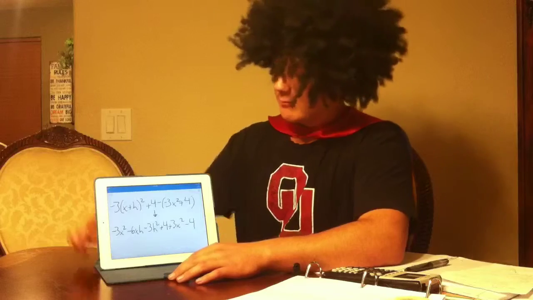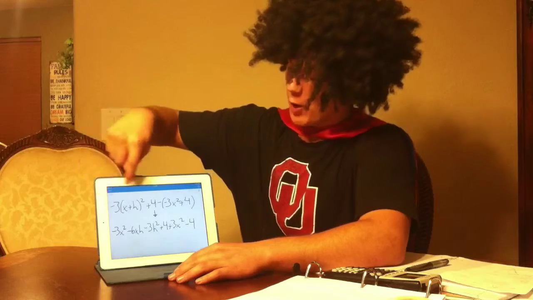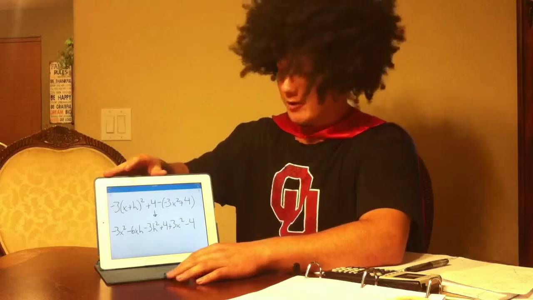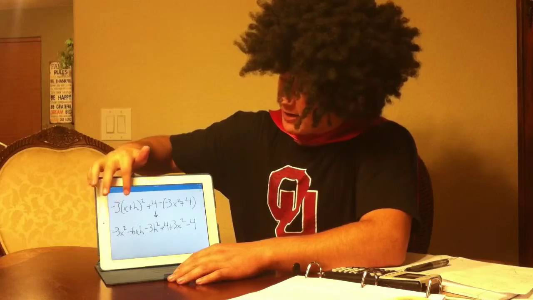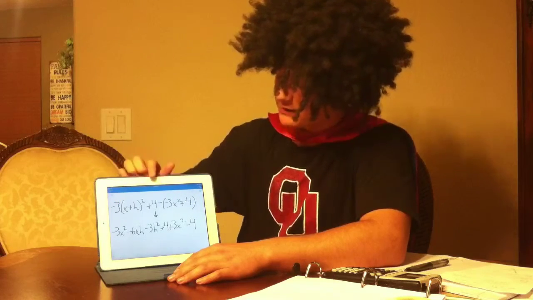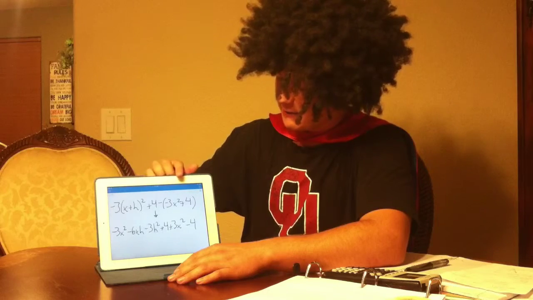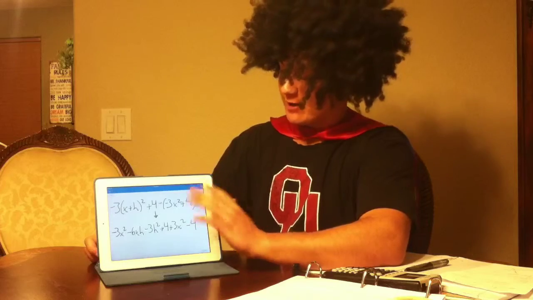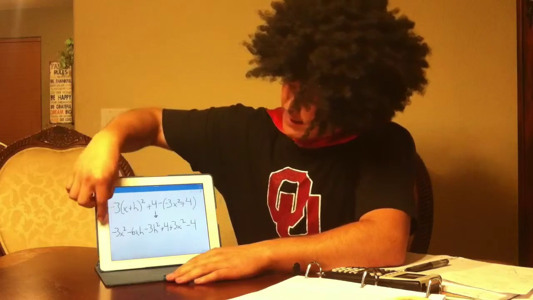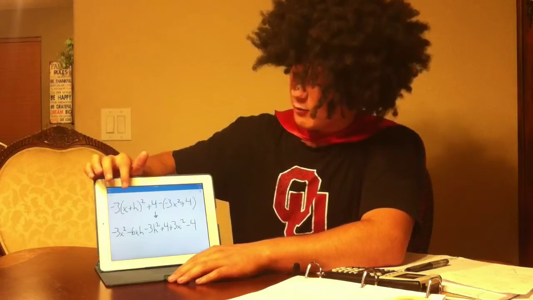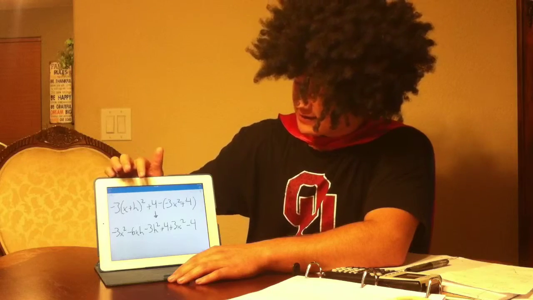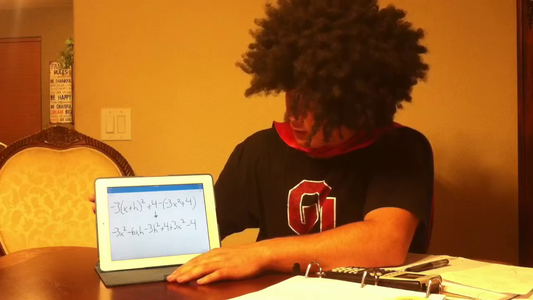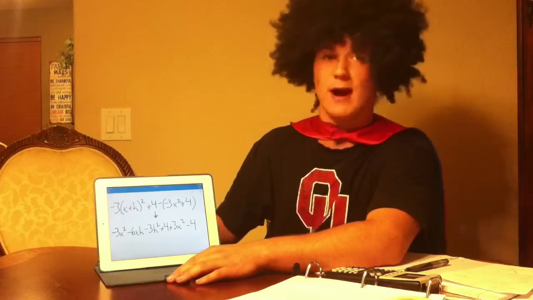So as you can see, we plugged the equation of our parabola into the equation that was just given earlier. We have negative 3 times x plus h squared, plus 4, minus negative 3x squared plus 4. When you factor all that out, you end up getting negative 3x squared minus 6xh minus 3h squared plus 4 plus 3x squared minus 4.